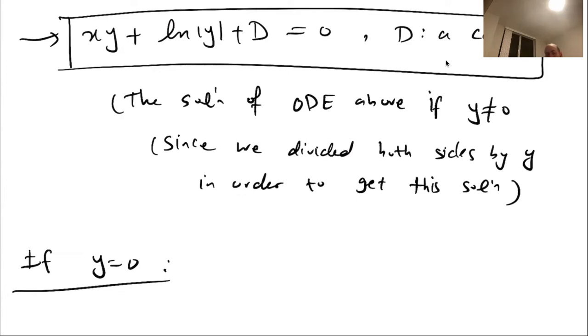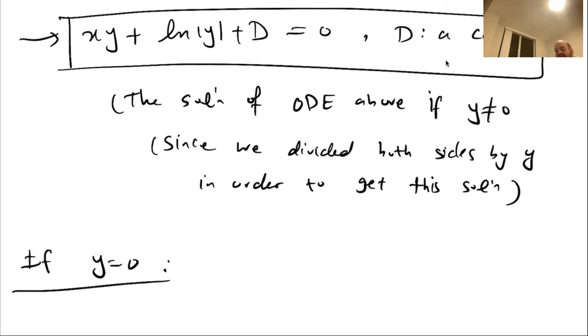How can we handle it separately? We have to see whether y equals 0 in this case is a solution for our ODE or not. It's very simple. y equals 0 means constant function 0. Just substitute y with constant function 0 and see whether the equation is satisfied.